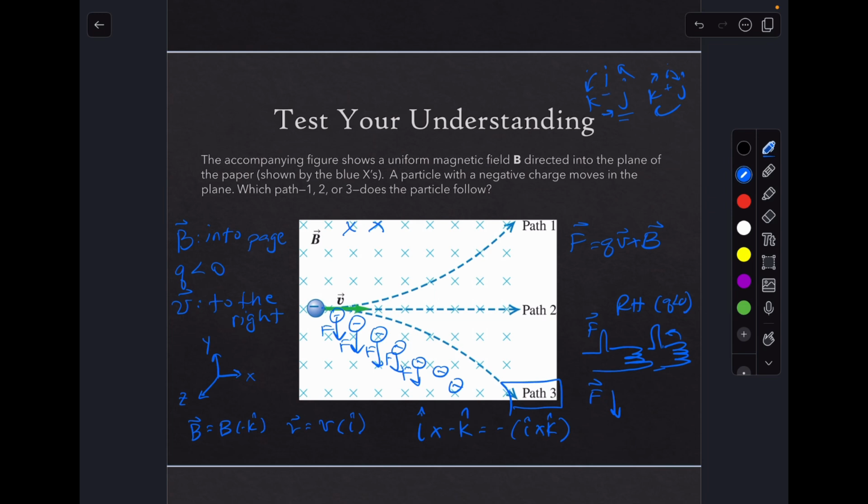So I cross K gives me negative J. I have another negative sign in front, so that's negative J, negative J is J. But since we are doing a negative charge, we have another negative sign from q that we need to take into account, which brings us back to negative J, which matches what we found using just our hands. When you do it algebraically like this, you have a lot of negatives flying around.